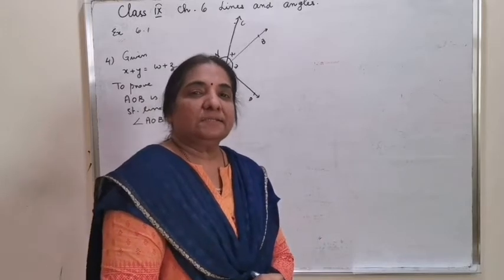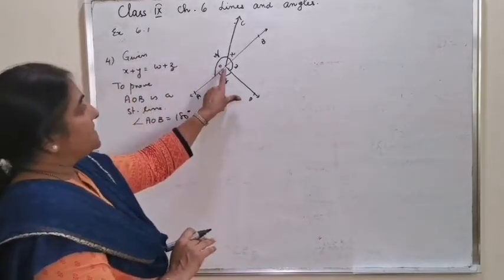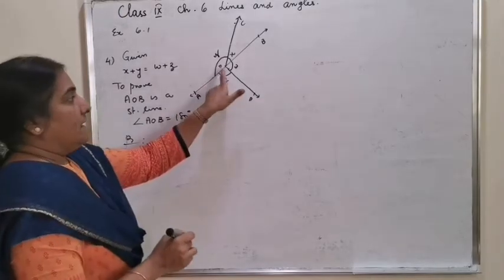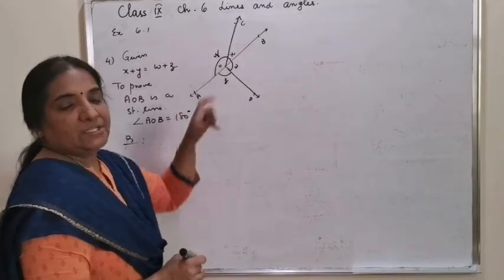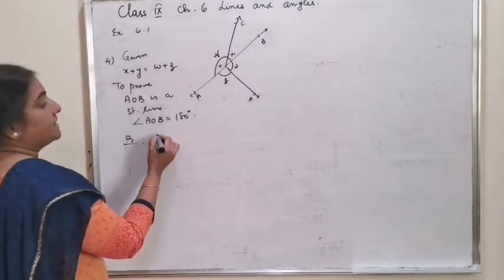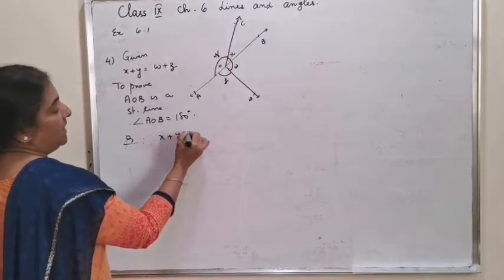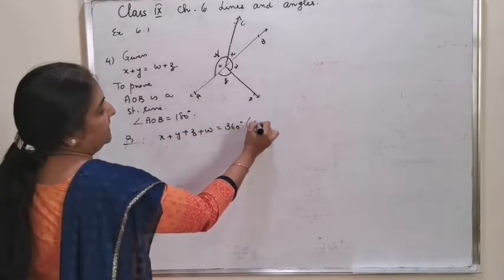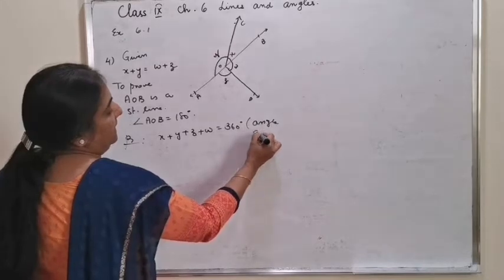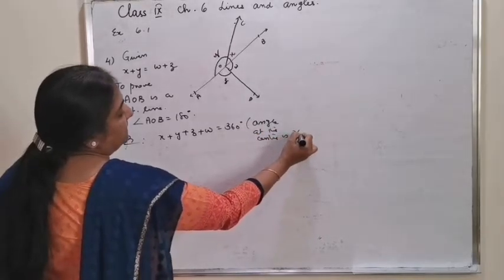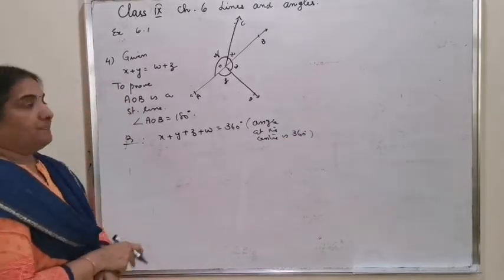If you start with the central angle proof, angle at the center is always 360 degree. That is x plus y plus z plus w is equal to 360 degree. Angle at the center is 360 degree.